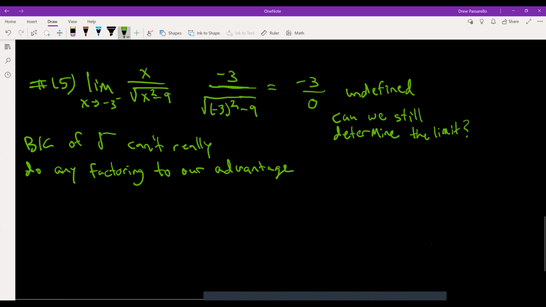Now you could try rationalizing, I suppose, but I think that also will make things more complicated. And whenever I run into something like this, where it's complicated to do the factoring and very complicated to do the rationalizing, I would try just looking at its graph to see if we can determine the limit from the graph.